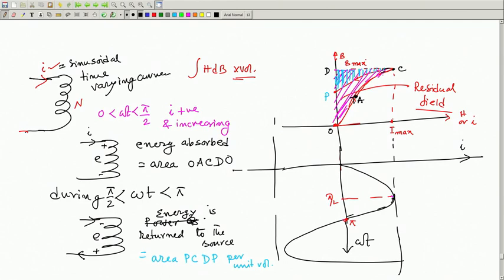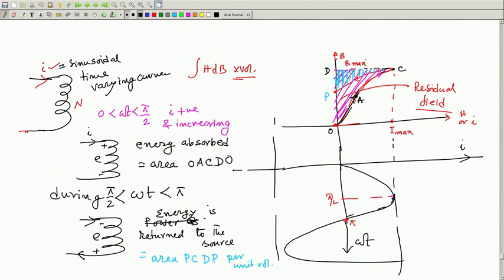So, it reaches I max and correspondingly B max. During this process you have pumped energy into the system, the area of which will be O, A, C, D, P, O.